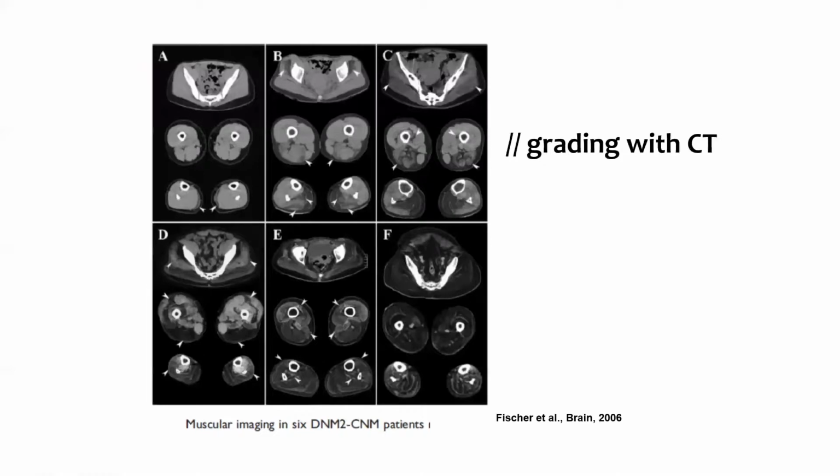Also, just to mention, for this application, CT, if it's the only available imaging procedure, will still do the job because you can also detect and evaluate semi-quantitatively the fat infiltration. Simply, the contrast is opposite.